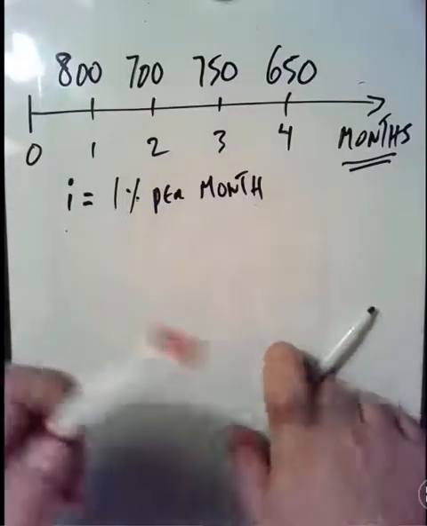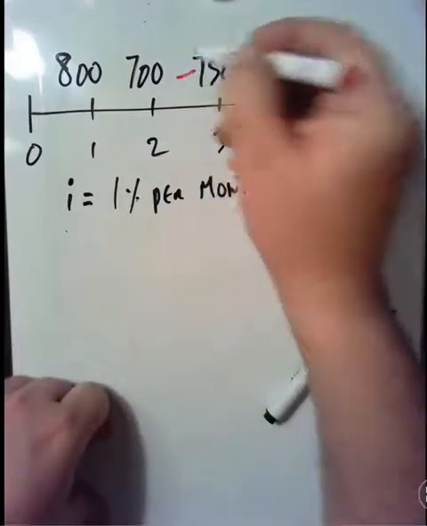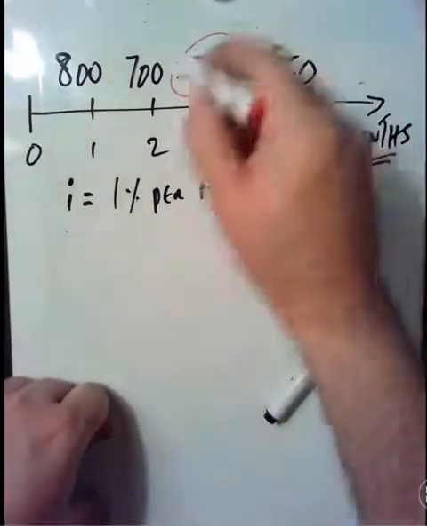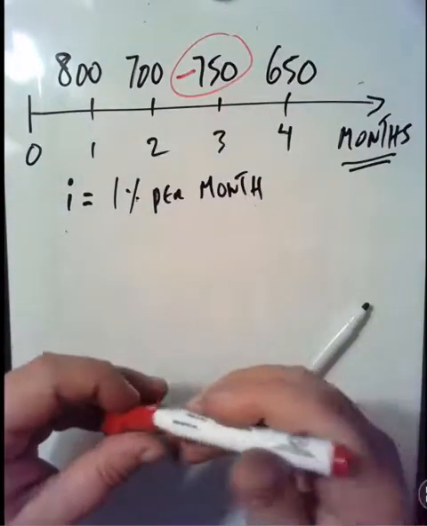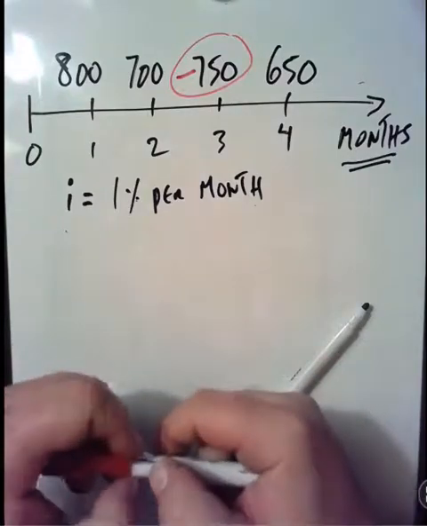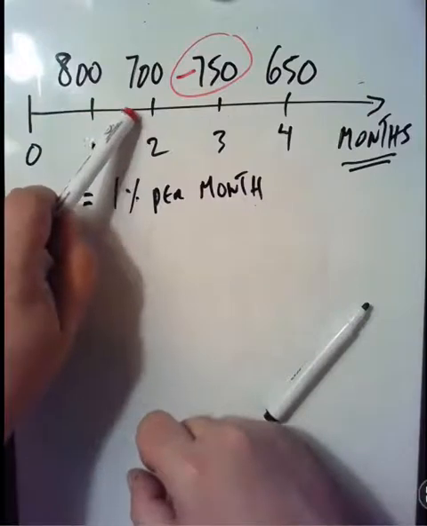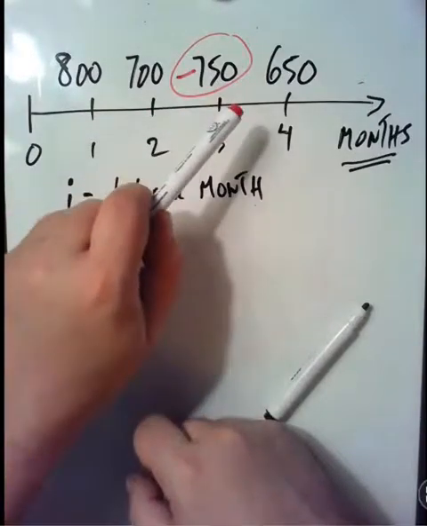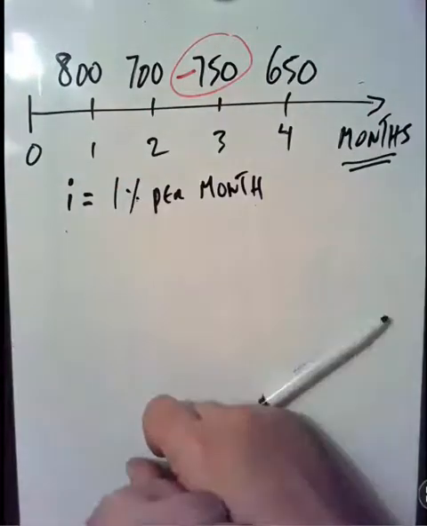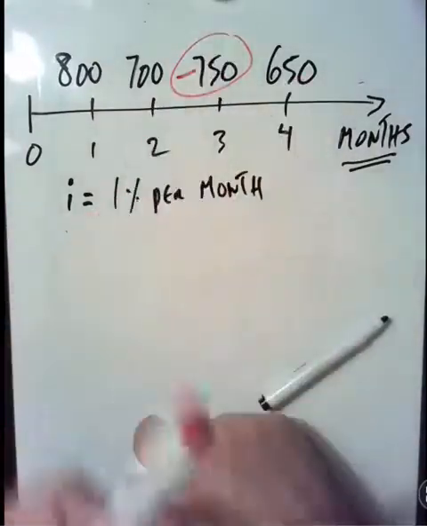Actually, to make it even more exciting, let's say I'm expecting a net cash flow of negative $750 by month 3. So these are inflows and this is an outflow, and that's an inflow again.